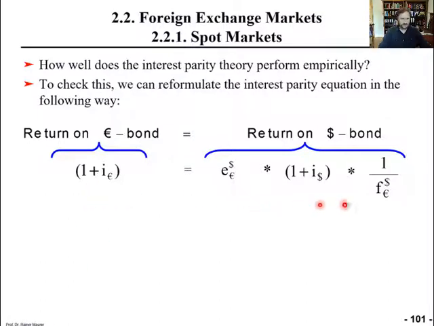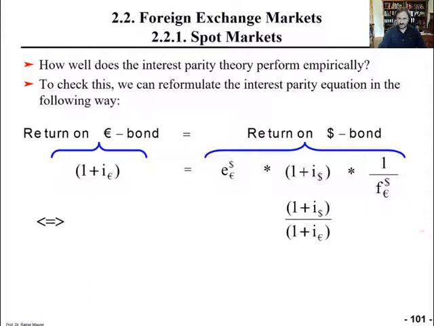We start with the equation in the same form as we have derived it so far. Now we divide both sides of the equation by the euro interest factor. So the euro interest factor disappears on the left side and reappears on the right side as the denominator of this fraction.